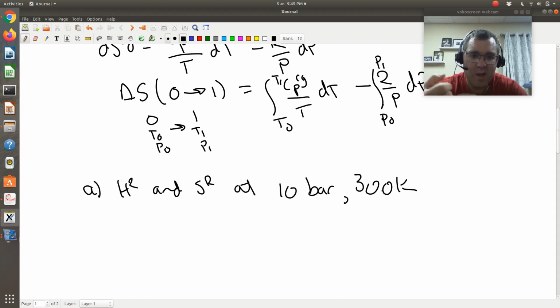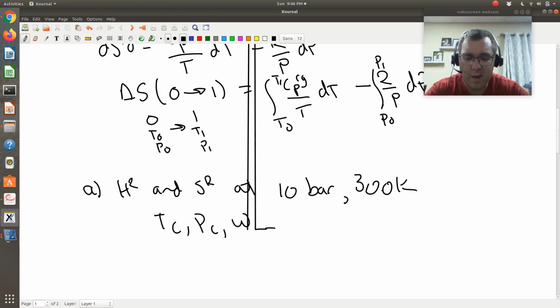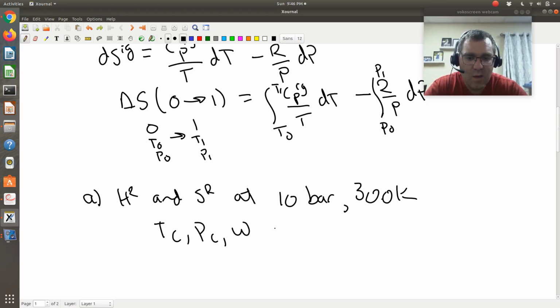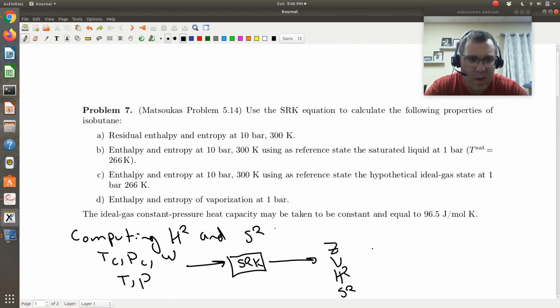You'd go to Appendix A and look up TC, PC, and omega. Once I have those along with temperature and pressure, I can plug into our MATLAB code and calculate HR and SR.